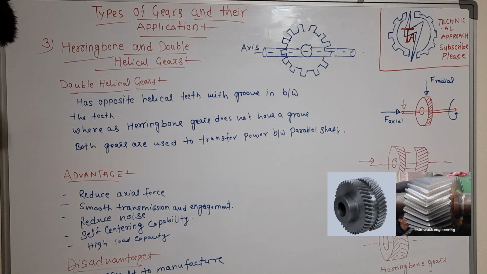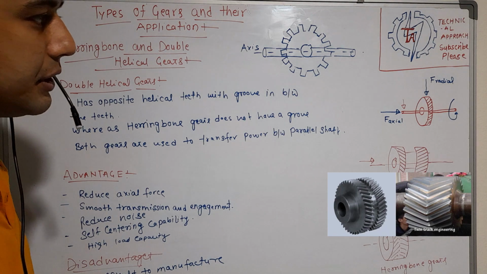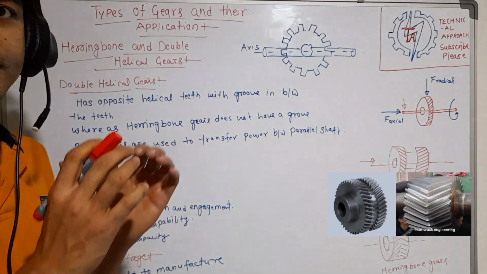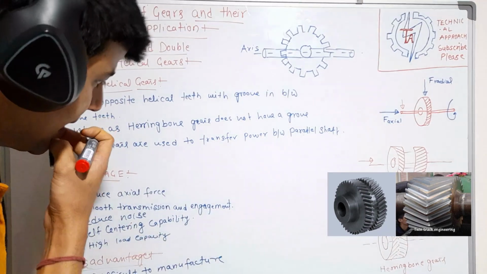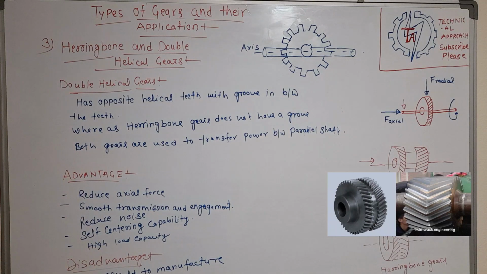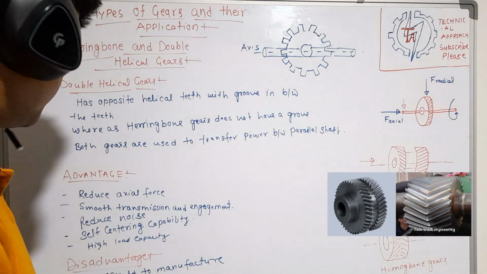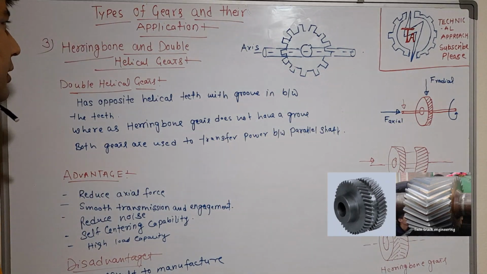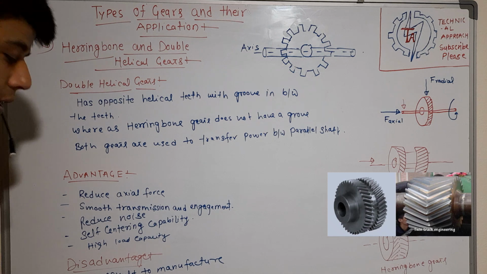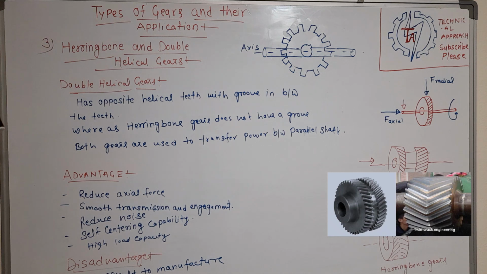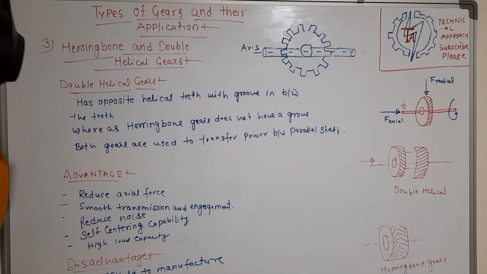Reduce noise. Self centering capability, they auto adjust to each other. High load capacity. There are some disadvantages of herringbone and double helical gears: difficult to manufacture and high cost.